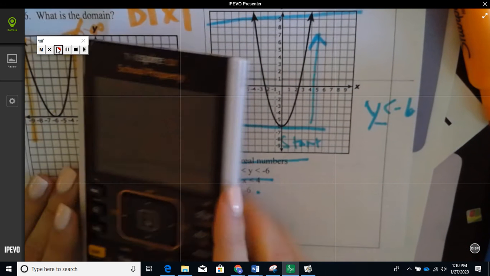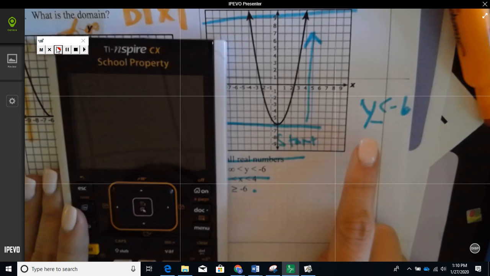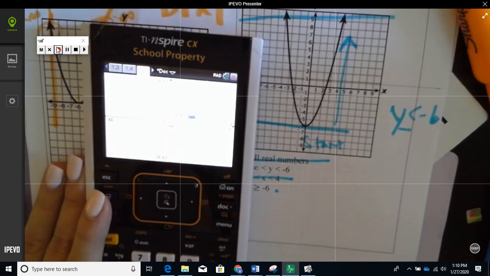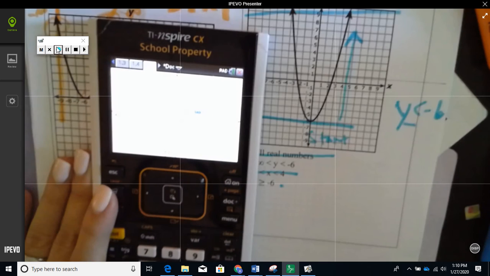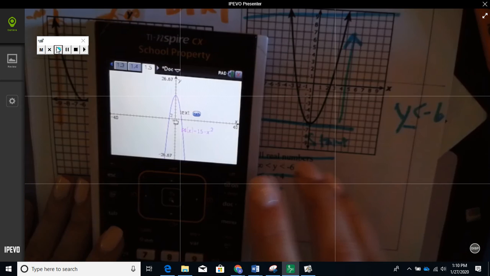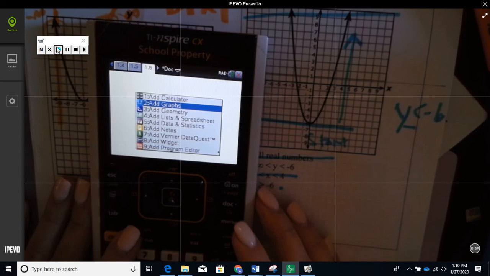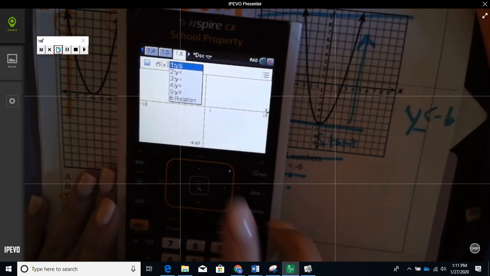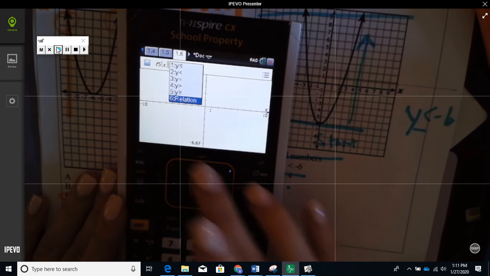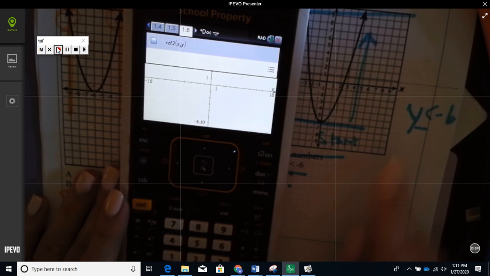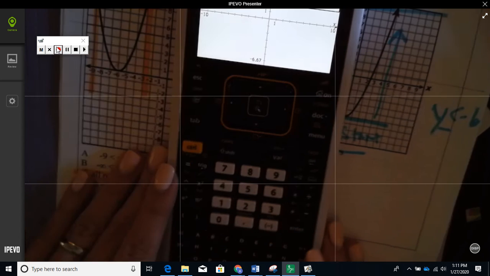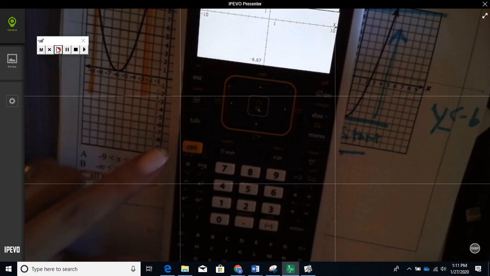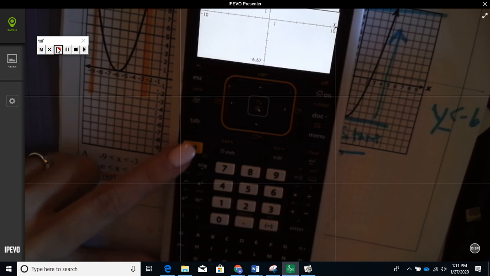Another way you can check your work is to put this in the calculator. And so you're going to go to graphs. And you go to graphs and just press delete, and you're going to be able to see them. Now, let's just say you mess up and you don't know how to type this in. So it's Y. Calculator equal.